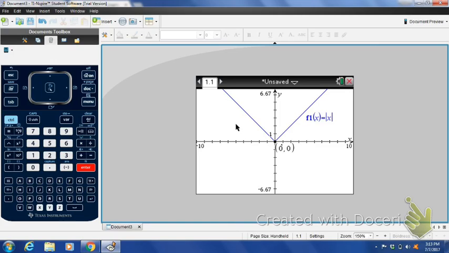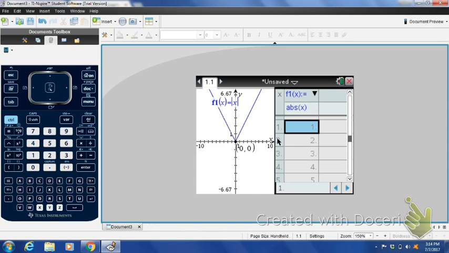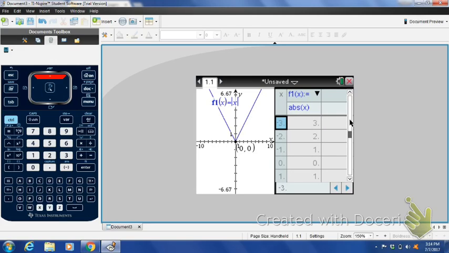They both have minimums at 0, 0, but it's more straight. It doesn't have that curve to it. So if we look at the table of values, we'll see why. The absolute value function just takes the x value, so you plug in -3, and you get that distance that the number is from the origin. So you get 3.